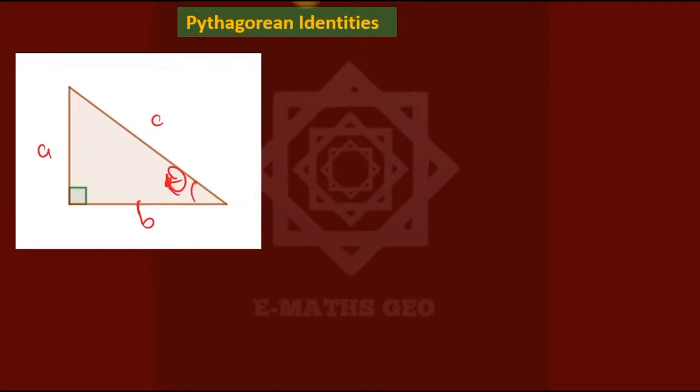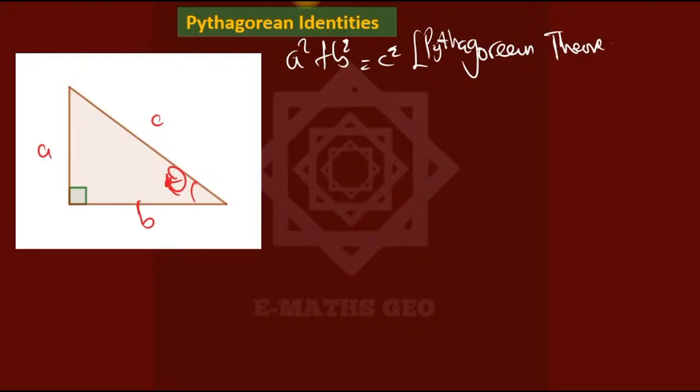It's called Pythagorean theorem, so that A squared plus B squared is equal to C squared. The identities are based on that. We have 3 of them. The first one is sine squared plus cosine squared is equal to 1.